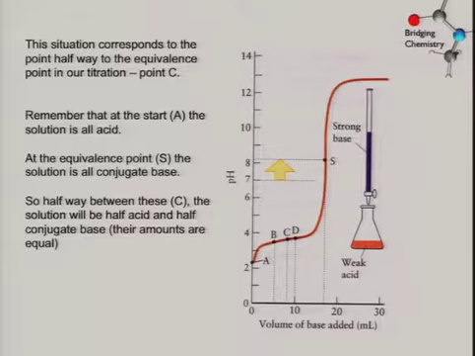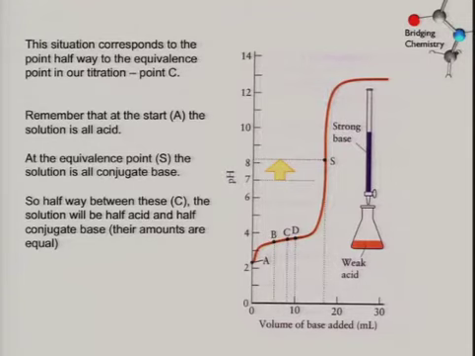You were asked to estimate the pKa of the weak acid, and the way that you do that is by looking at your complete titration curve, looking at what volume of base you had to add to get to the equivalence point, and then halving that volume back to here, to point C, and saying that at point C, what I've got in my solution is exactly the same amounts of my weak acid and my conjugate base.